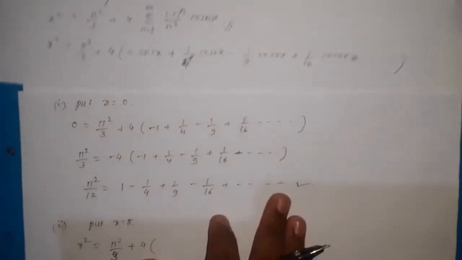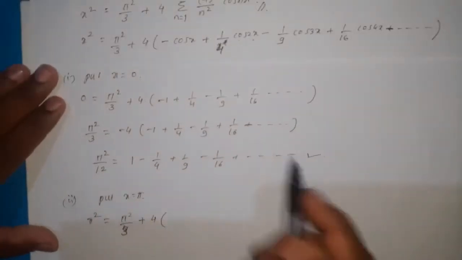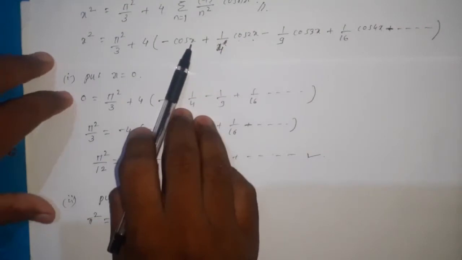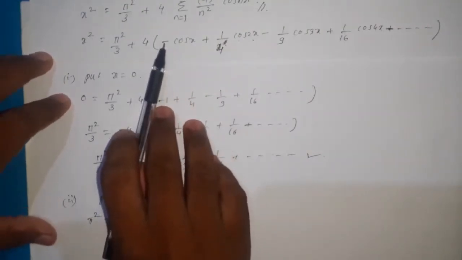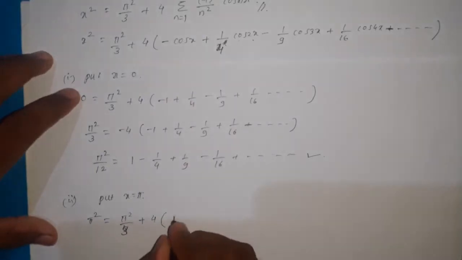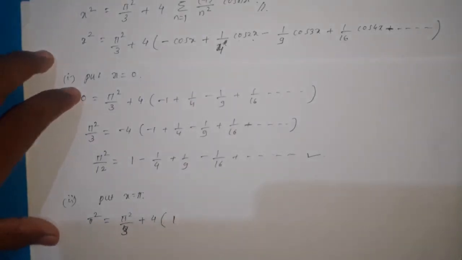So whenever the coefficient of x is odd, its value is minus 1, and if it is even, it is equal to plus 1, that is for the cosine function. So therefore here cos x is there, now this becomes cos pi and its value is minus 1, so already minus is there, so therefore that is plus.